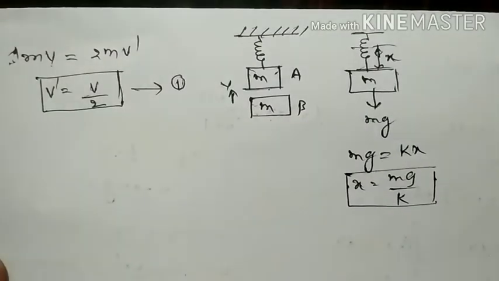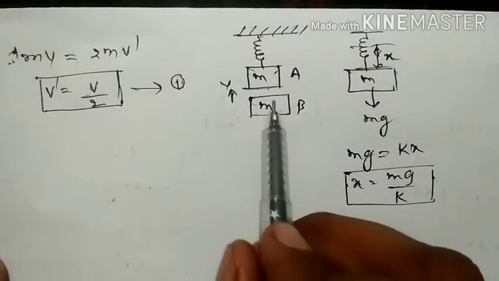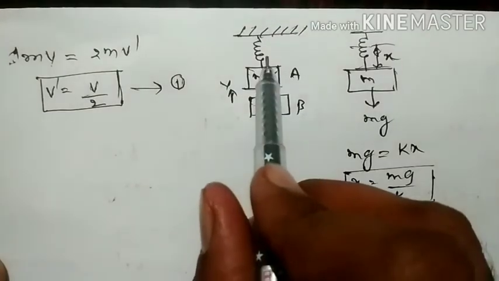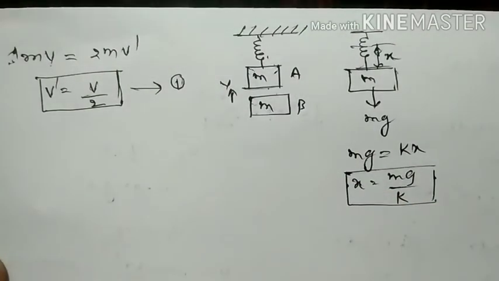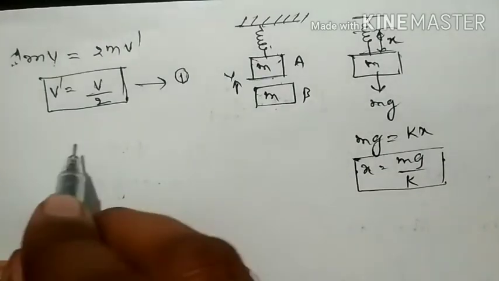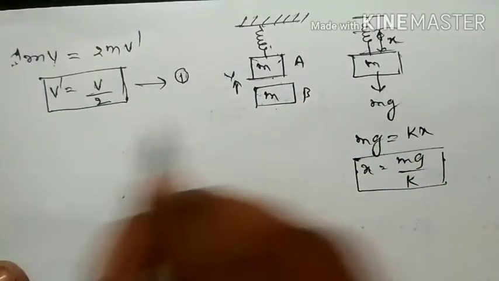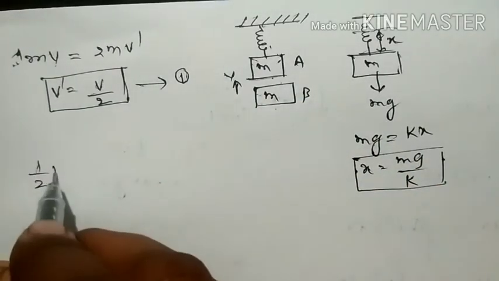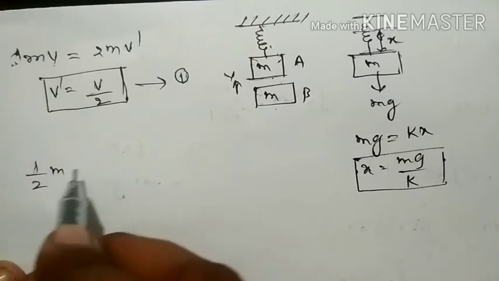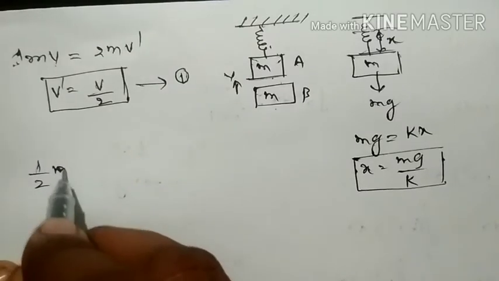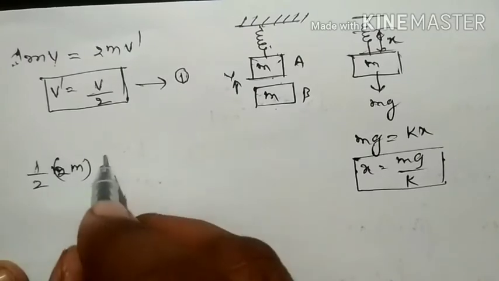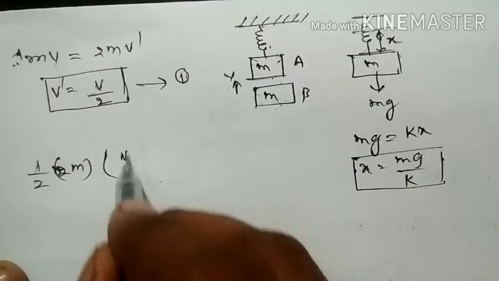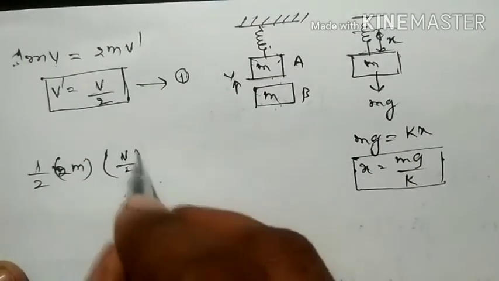So this kinetic energy is utilized as the work done on the spring as well as increasing the potential energy. So I am using the work energy law, the law of conservation of energy. So half of 2m into v dash, because two masses are moving, v by 2 whole square.